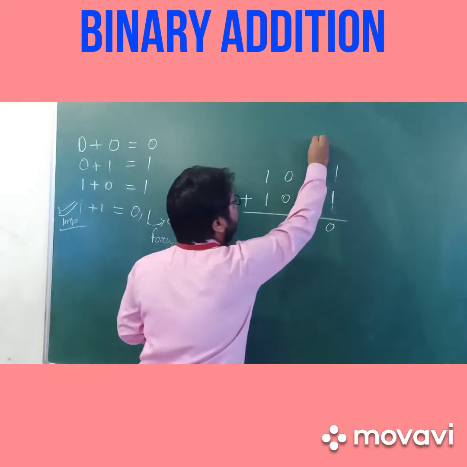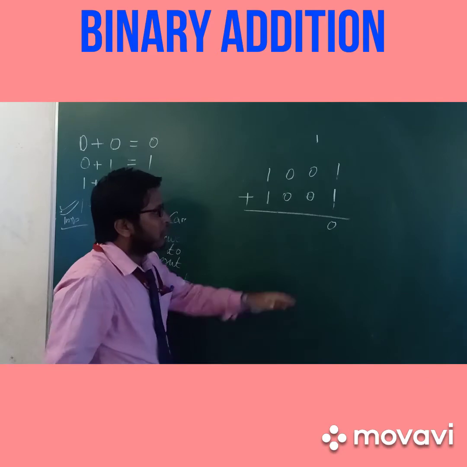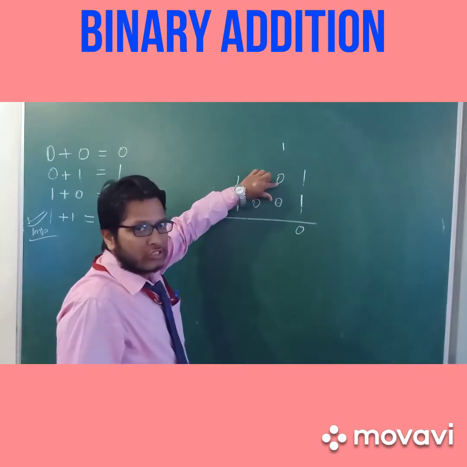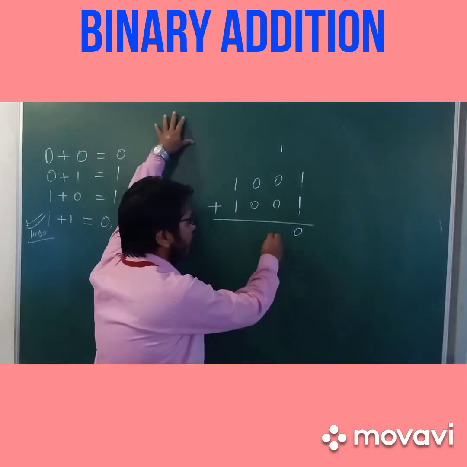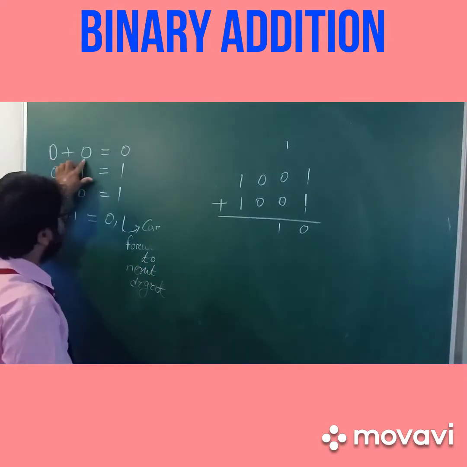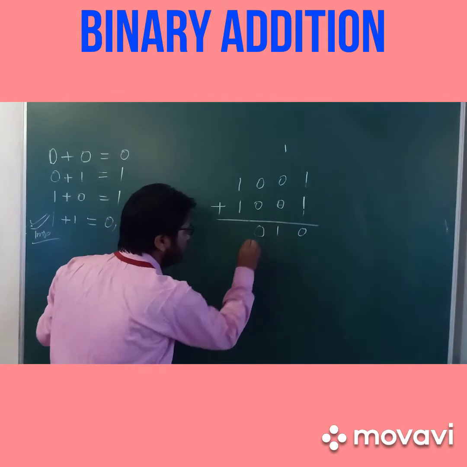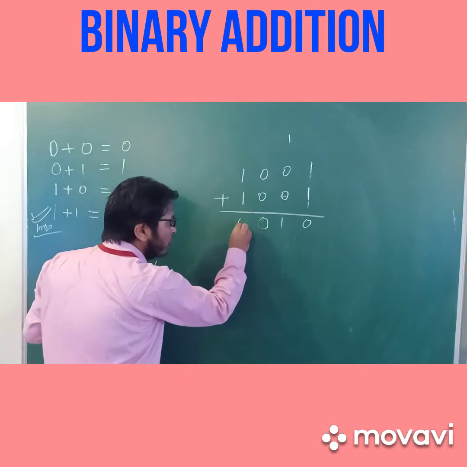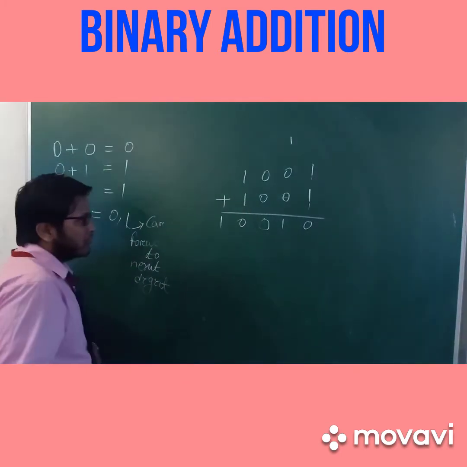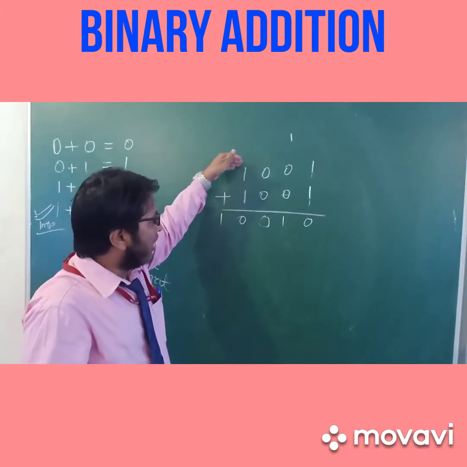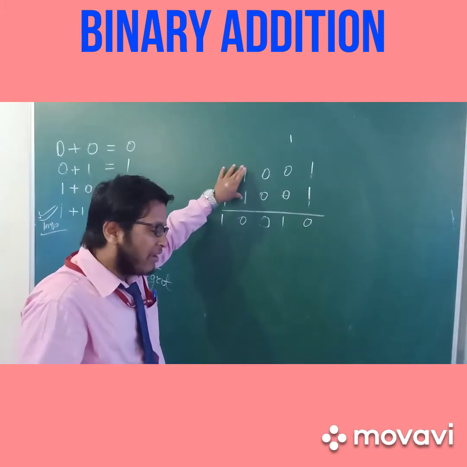This one is your carry. Again, 0 plus 0 is 0, 0 plus 1 is 1. Then 0 plus 0 is 0. Then 1 plus 1 is 0, carry 1. So this is my final result of the addition of these two numbers.